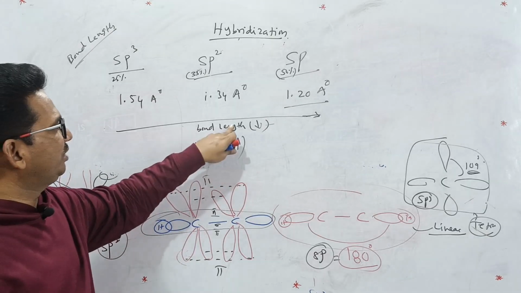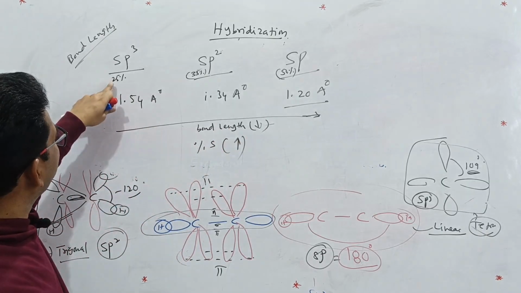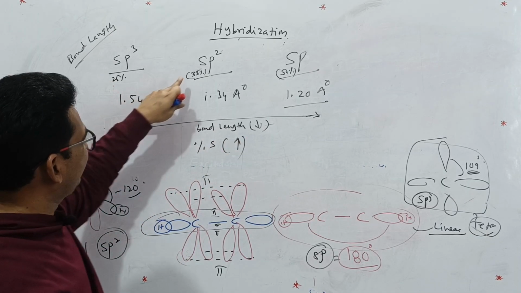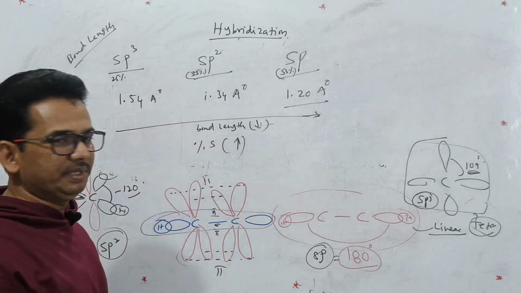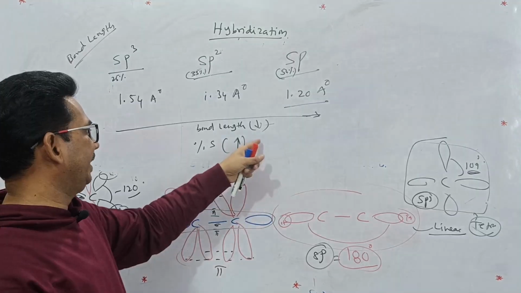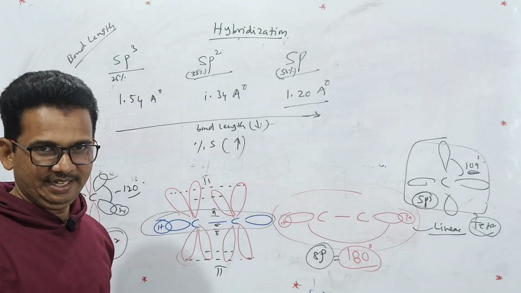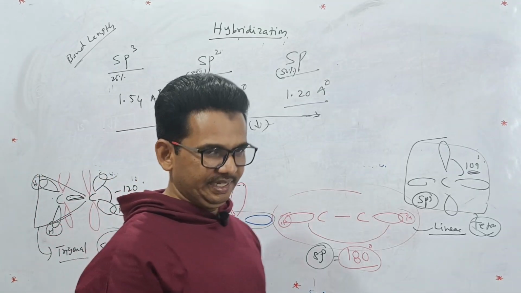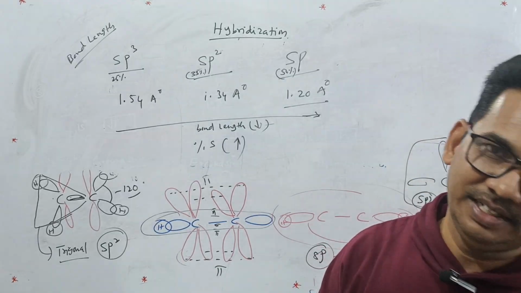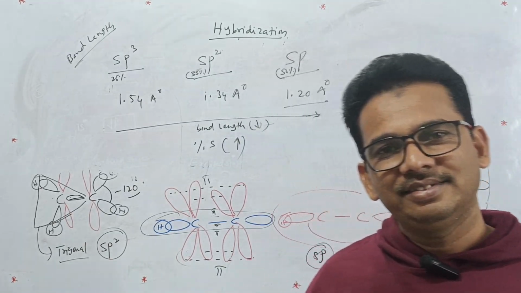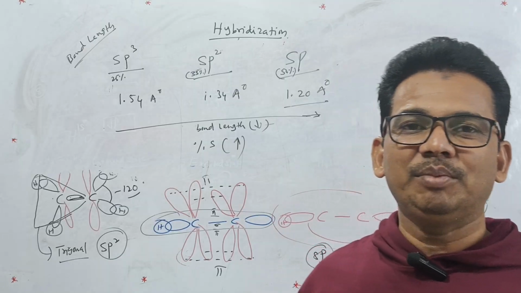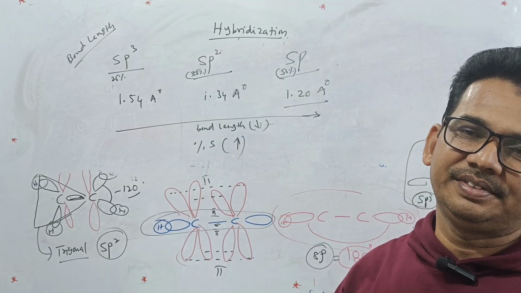S character increase means bond length decreases. See, S character 25, 1.54; 33, 1.34, decrease; 50, 1.20. Means bond length is going to decrease by increasing the S character. That's why sp hybridization bond length is different, sp2 bond length is different, sp3 bond length is different. Not only the bond angle, even bond length is also different.